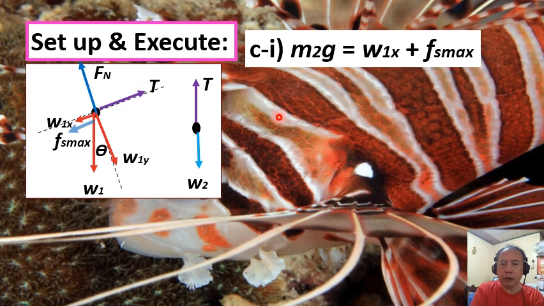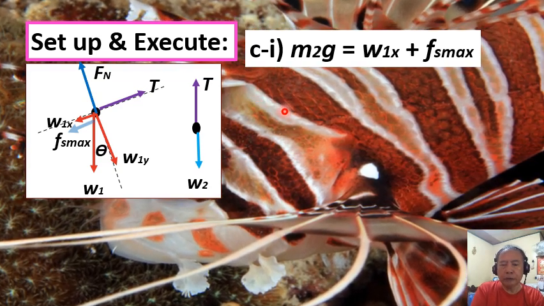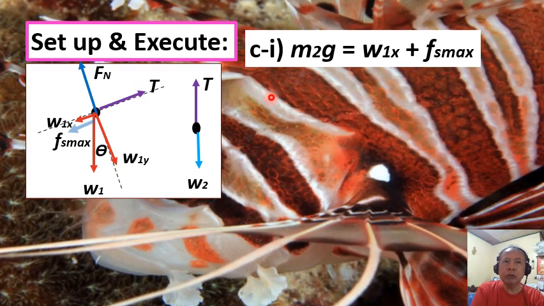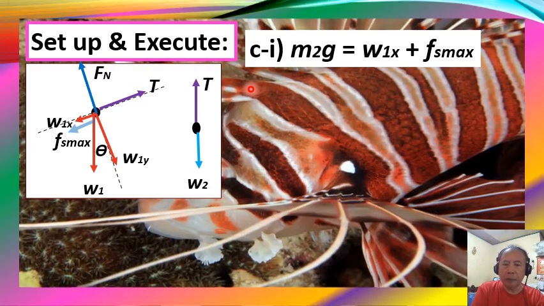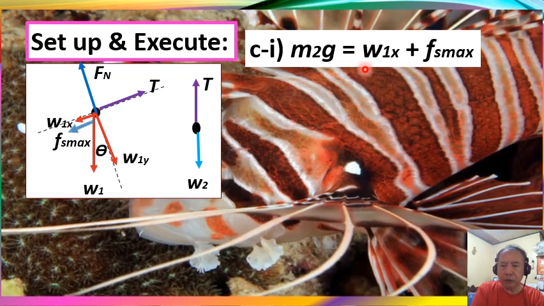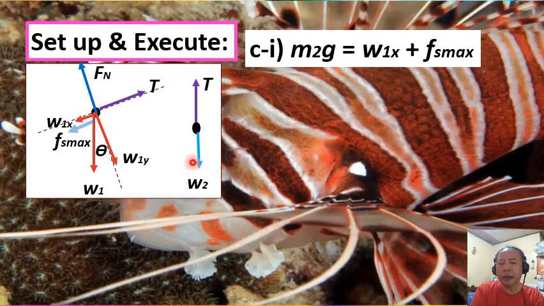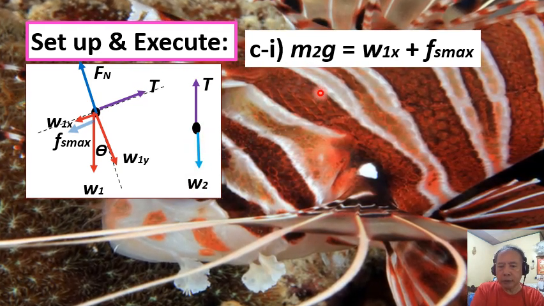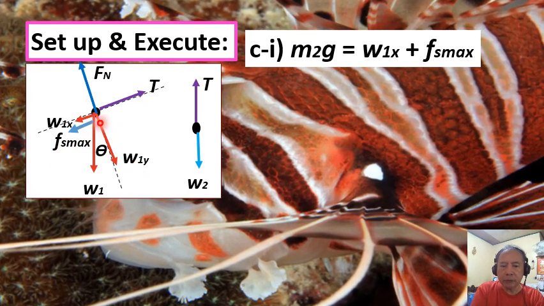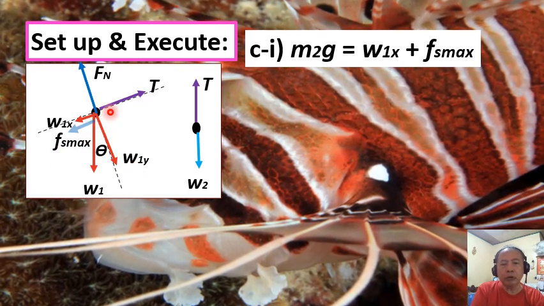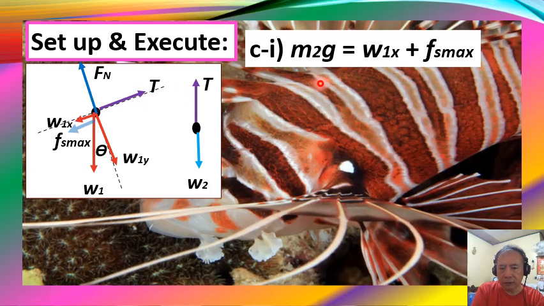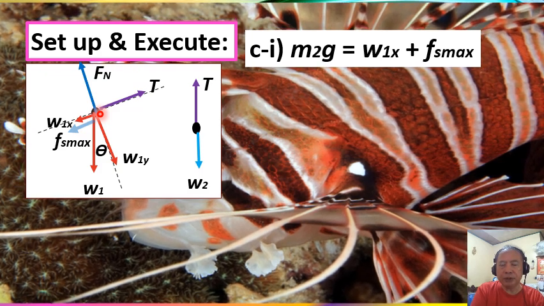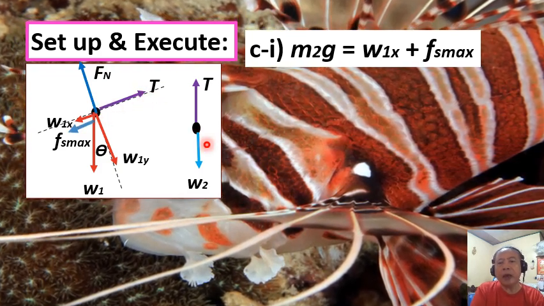Finally, we now come to our solution for the question in part C. So there are two scenarios in part C. The first one is we're looking for the mass of block number 2, that's M2, so that block number 1 will just be about to move up the incline, or mass M1 will just be on the verge of starting to move up the incline when starting from rest.